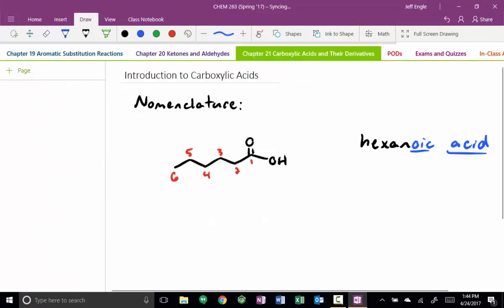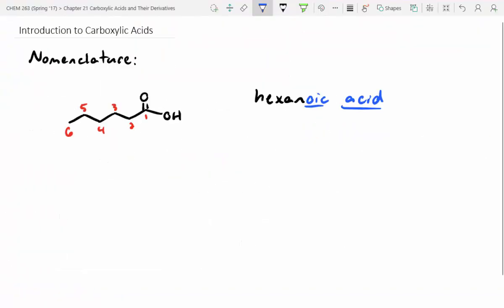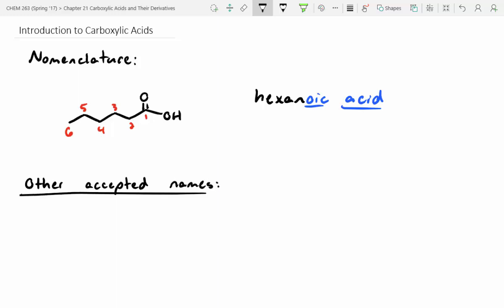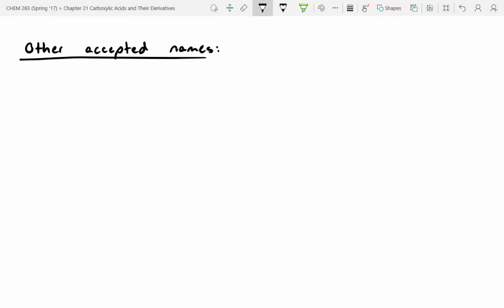Okay, so let's go back and talk about other names, because there's a lot of non-standard names for carboxylic acids. So let's start with the simplest one.